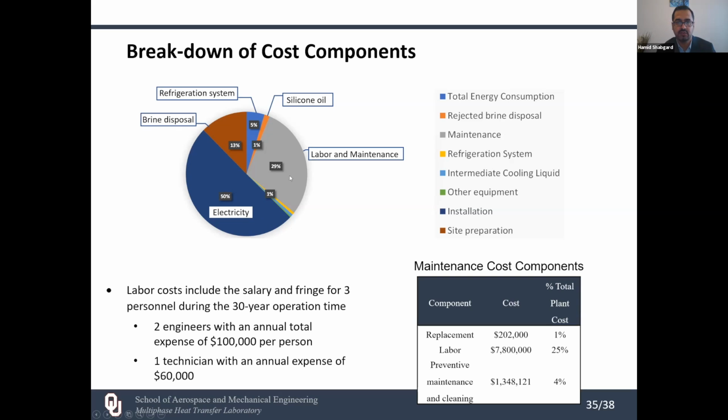The next major cost component is labor and maintenance, about 30%. Brine disposal accounts for 13% of the total cost of the project, followed by the refrigeration cost, the inert liquid or the ICL price, and some other smaller cost components like installation, site preparation, and so on.